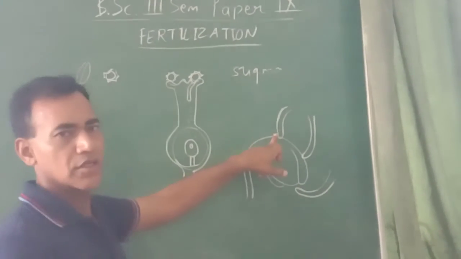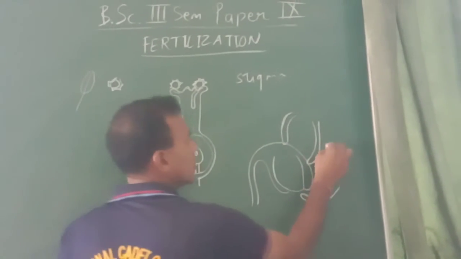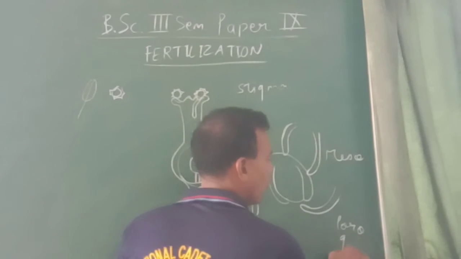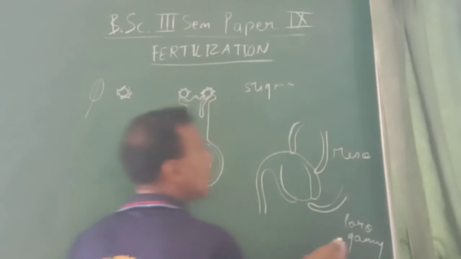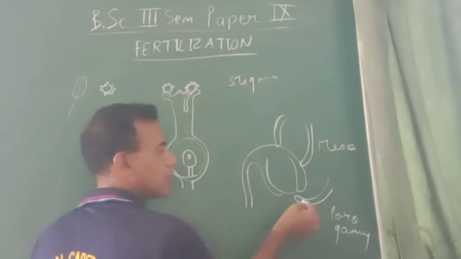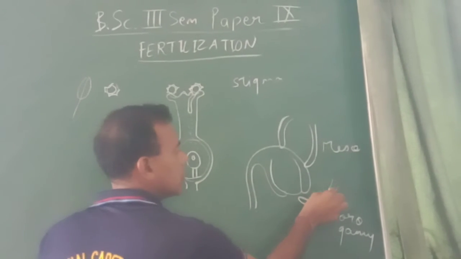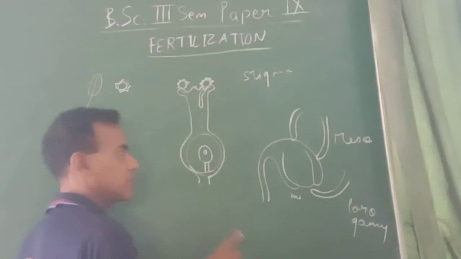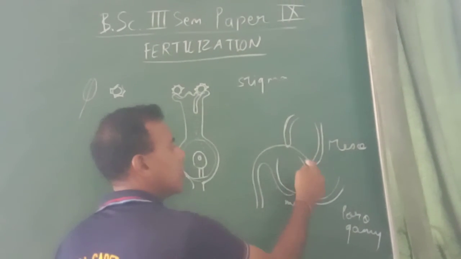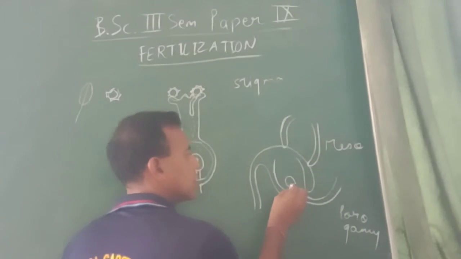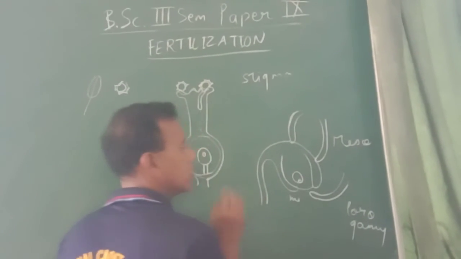This is known as chalazogamy, this is known as mesogamy, and this is known as porogamy. Whatsoever the entry point, the final entry point is always through the micropyle, before reaching the egg nucleus.